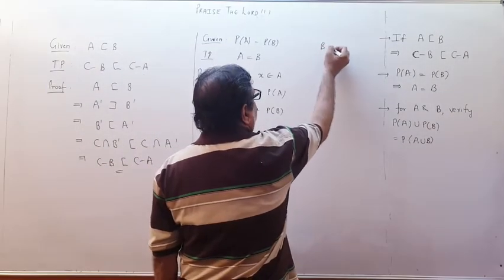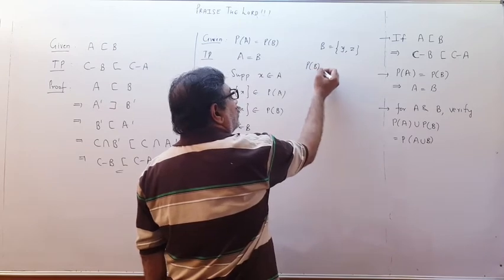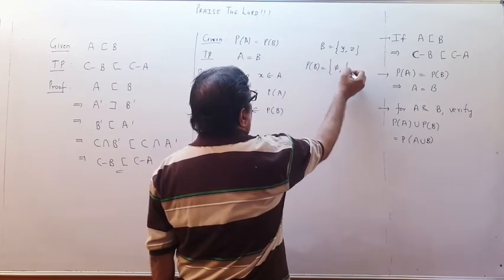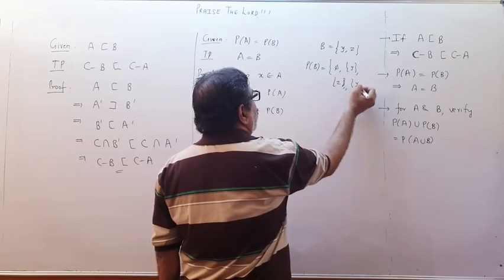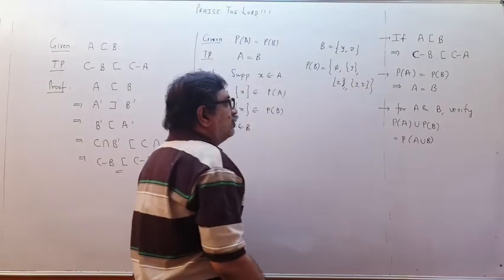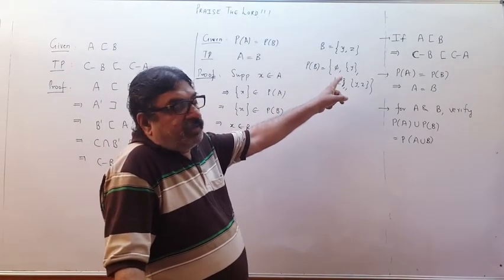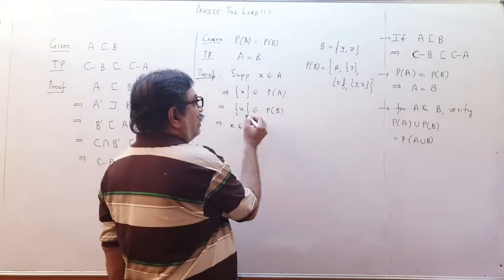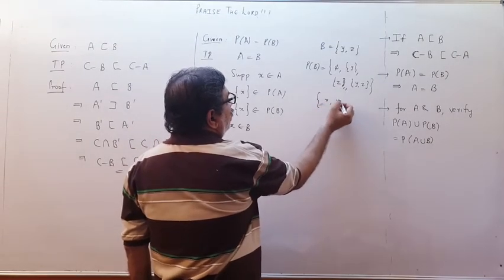If I make a set B as Y and Z, so what will be power set of B? That will be null set, that will be Y, that will be Z, and that will be YZ. So if X does not belong to B, then set X will not come in PB.